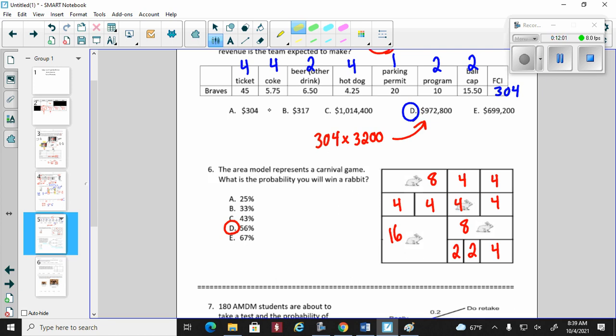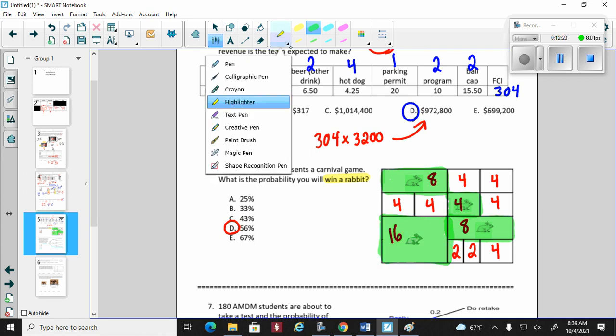All right. So the question is, win a rabbit. Let's add up all of our rabbit pieces. This right here is a rabbit piece. This right here is a rabbit piece. This right here is a rabbit. And this right here is a rabbit. Now remember, do not make this mistake.